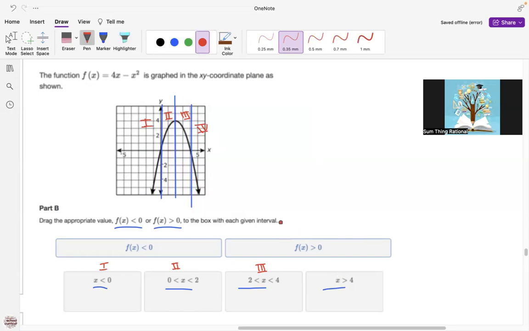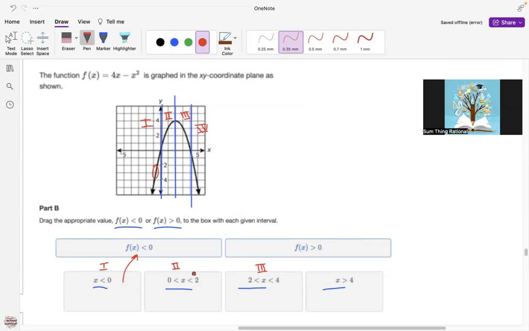In which interval is your part of the function above the x-axis or below the x-axis? Here x less than 0 is the first interval. When x is less than 0, the part of the graph is below the x-axis, so you drag f of x, meaning all your outputs are less than 0.